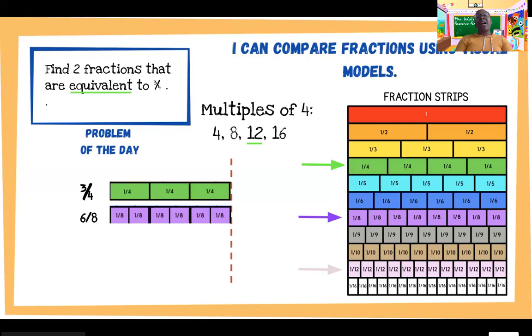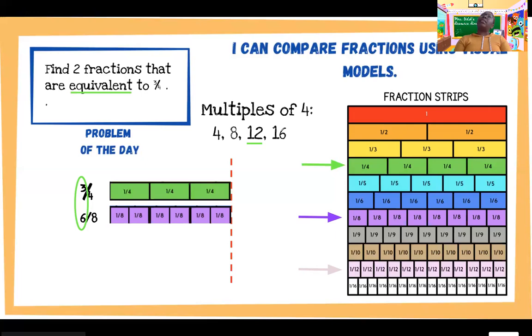Do you think it's possible to figure out what the numerator is without counting our fraction tiles? Well, let's look at the numerators that we already have. 3 and 6. If we already have 3 and 6, do you think there's a pattern that can help us figure out what our next numerator is?